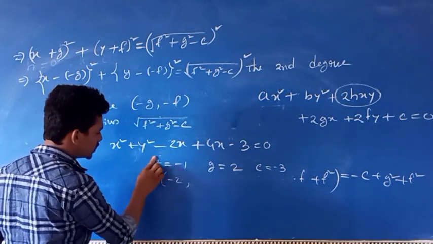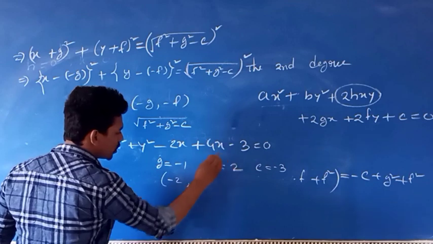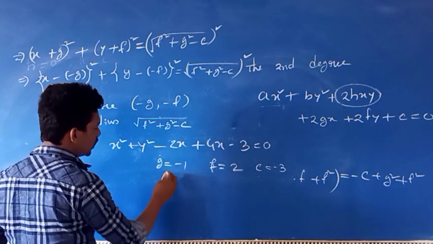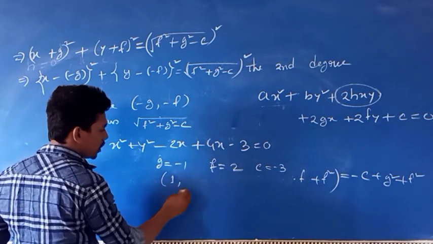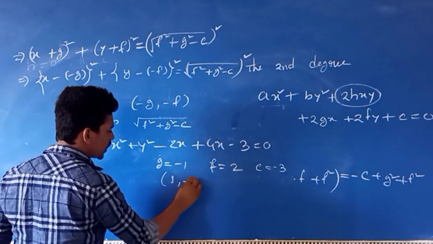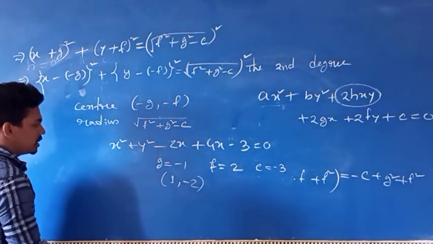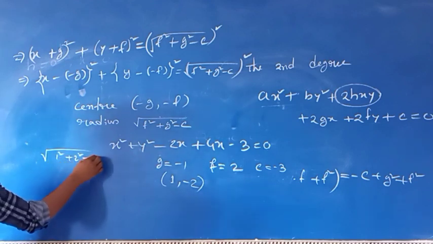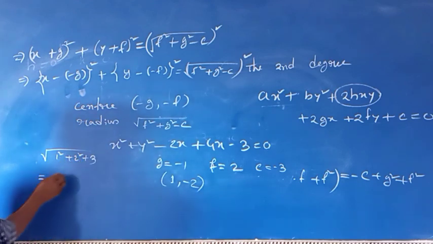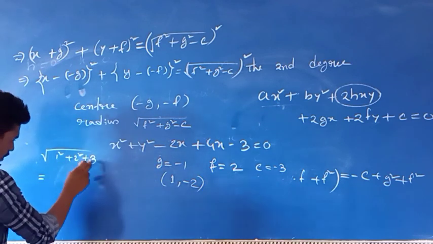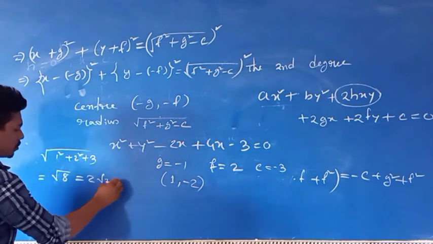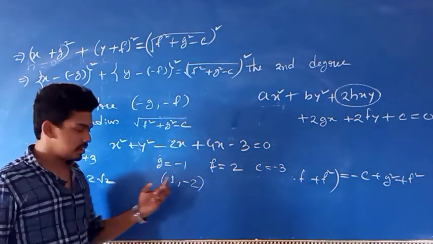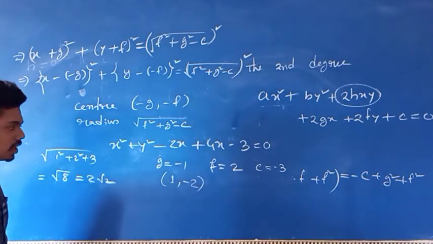Sorry, this is g and this is f. So the center of this circle is minus g, that means 1, and minus f, that means minus 2, and the radius of the circle is root over g square plus f square minus c. Minus c means plus 3, that means 4 plus 1 plus 3, which is root 8, that means 2 root 2. So the center is (1, minus 2) and the radius is 2 root 2.